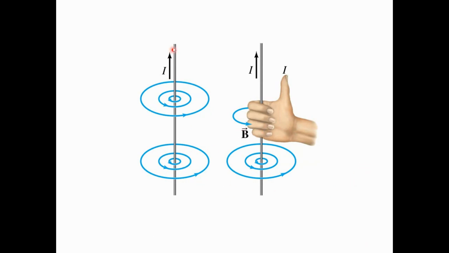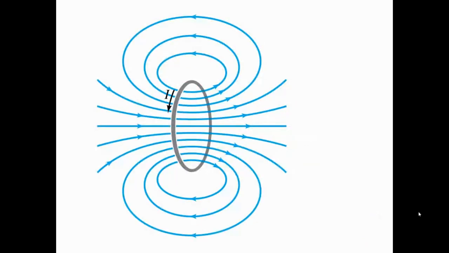So what happens if instead of a straight wire, you have a circle of wire? You get a magnetic field that looks like this. I love this diagram. It's just showing you the magnetic field lines in the plane, however. And this gray loop is supposed to be coming out of the screen. It's supposed to be perpendicular to the screen, really, but they can't draw it that way.